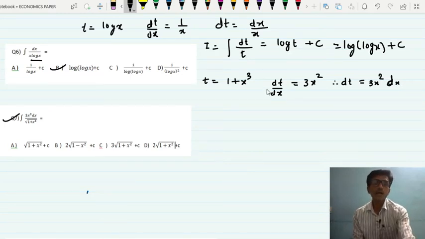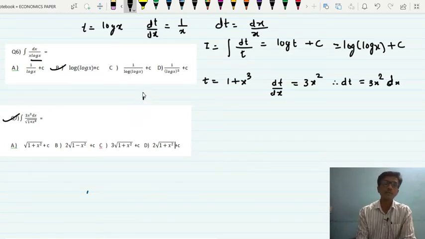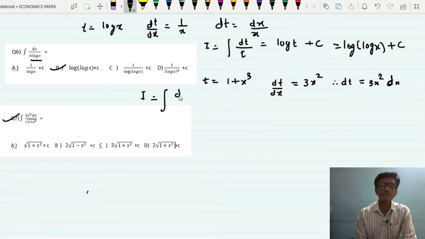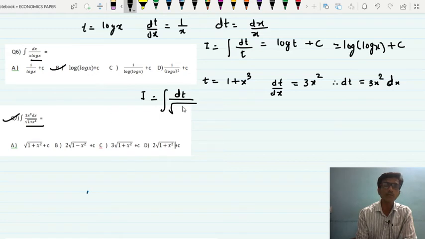Then our integral I is equal to 3x square into dx, that is dt, upon square root of 1 plus x cube, that is equal to t, and integral dt upon root t is 2 root t plus c.